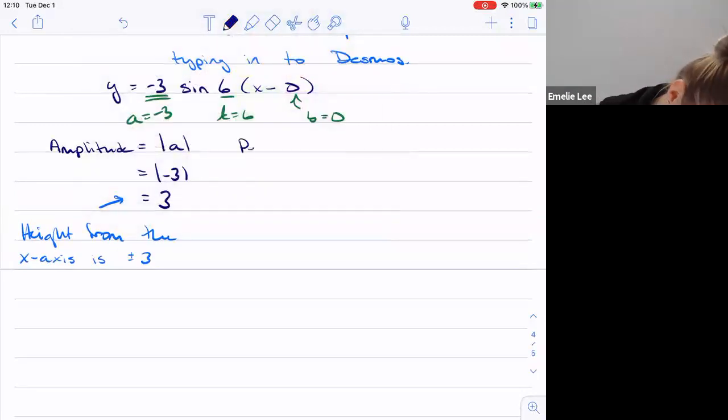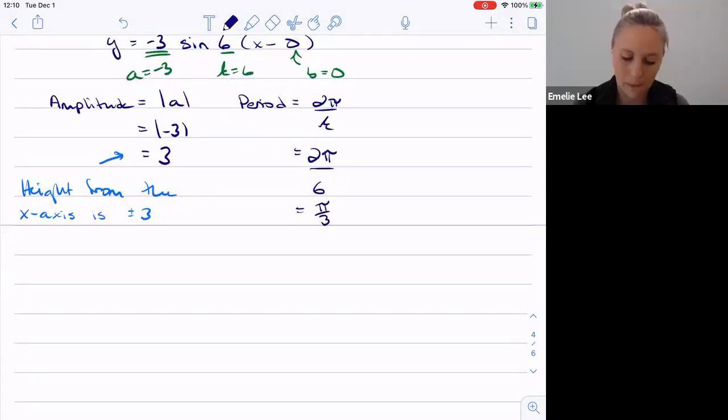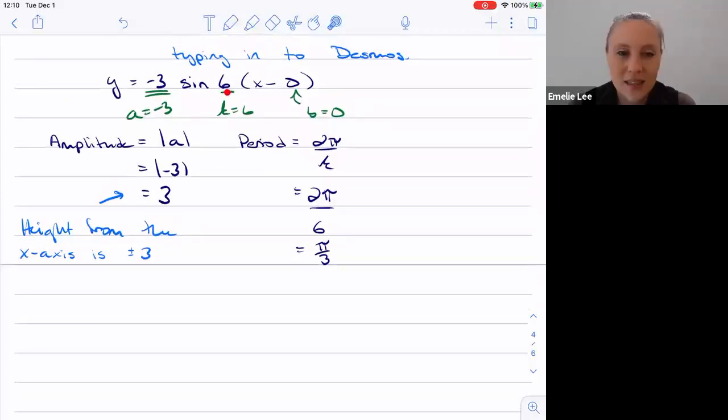The period is 2 pi over k, which in our case is 2 pi over 6, which would be pi over 3. One really common mistake is you just think the 6 is the period, but no. 2 pi over k is the period. So you have to do that little bit of math to figure out what the period is.